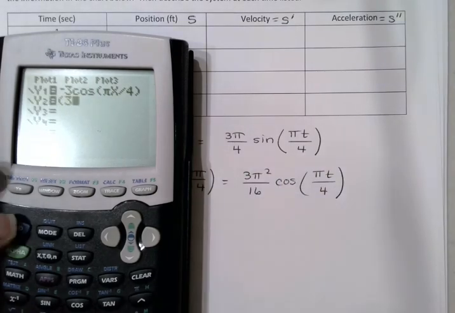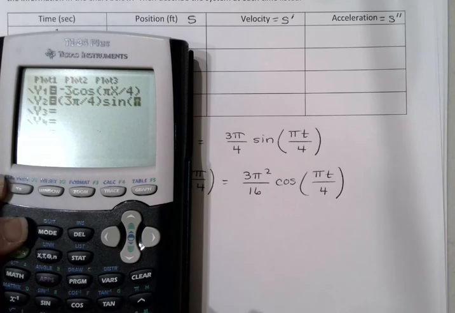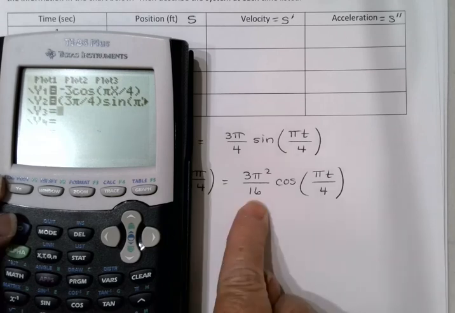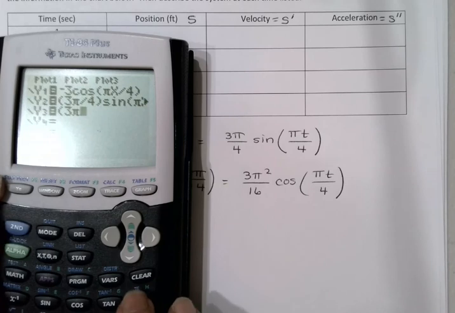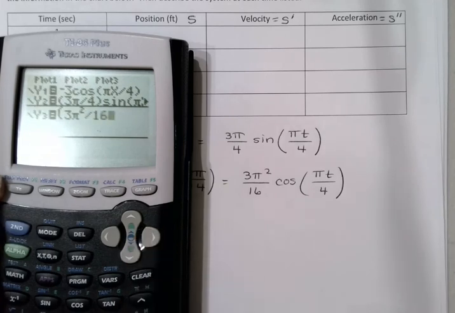That is 3 pi over 4 times the sine of pi x over 4. And then finally, the second derivative is going to be 3 pi squared over 16 times the cosine of pi x over 4.